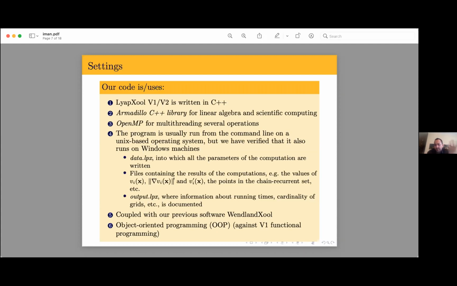That allows us to change and vary the Wendland function we want to use. So we can use different radial basis functions of different order. And version 2 is object-oriented programming, which means it's divided in classes. That allows us to reuse pieces of the code for different things. And that goes against version 1, which was rather functional programming.